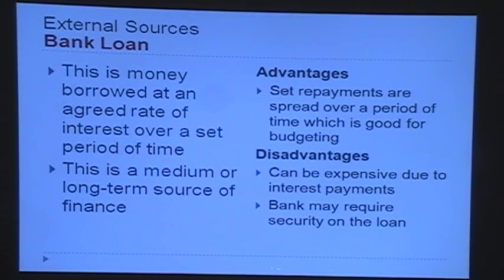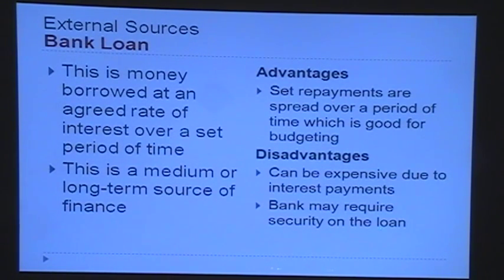Take a look at the bank loan. This is money borrowed at an agreed rate of interest over a set period of time. This is a medium or long-term source of finance. A very good advantage is set repayment spread over a period of time, which is good for budgeting.